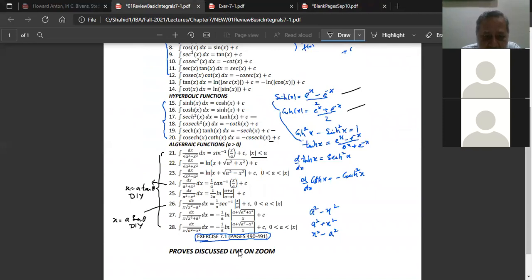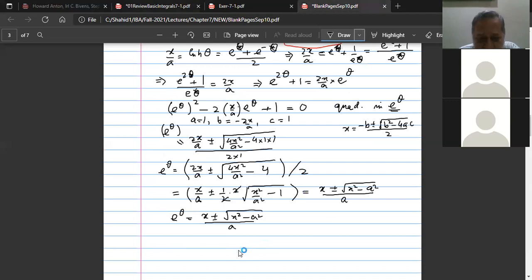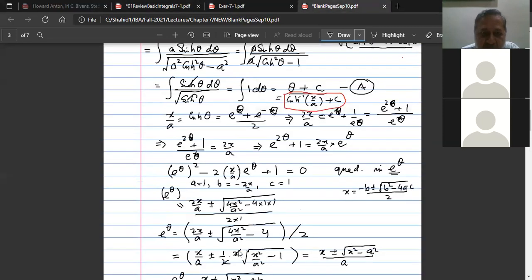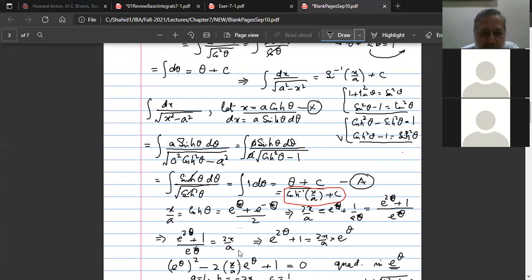The required result was in the form ln of x plus minus under the root x square minus a square. What did we start with? Did we do 23? Yes, we did 23.